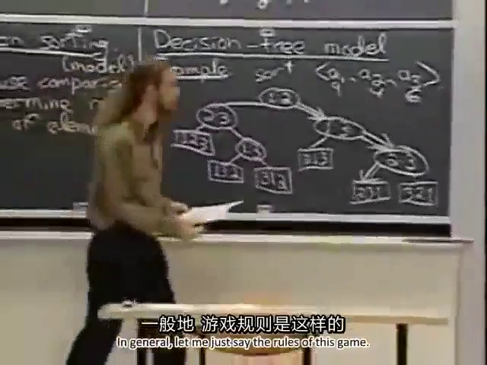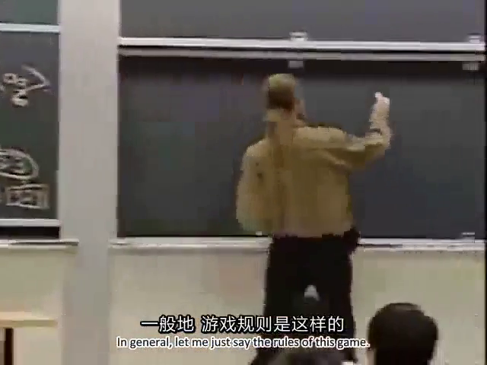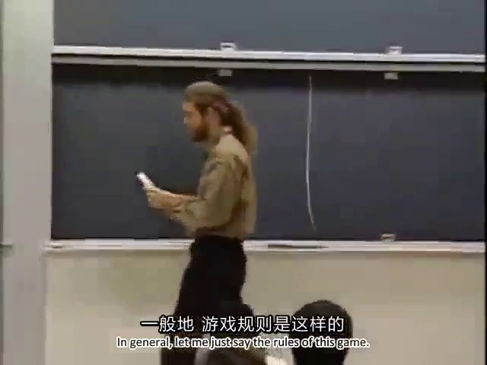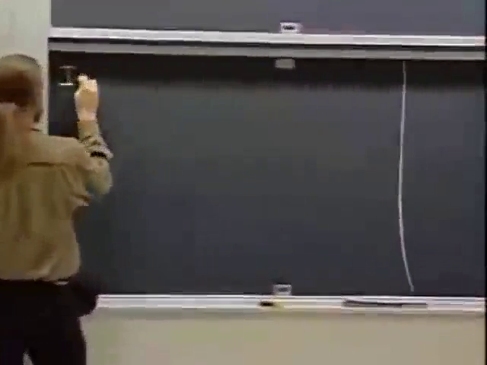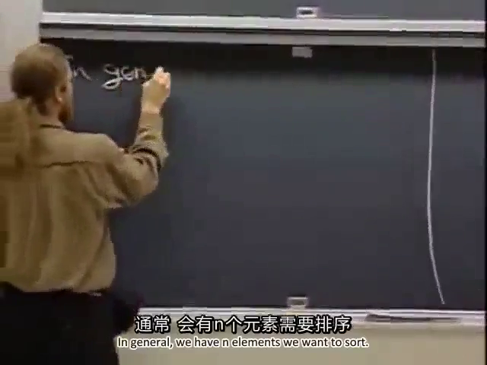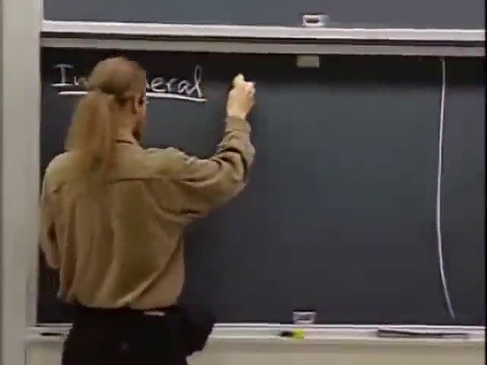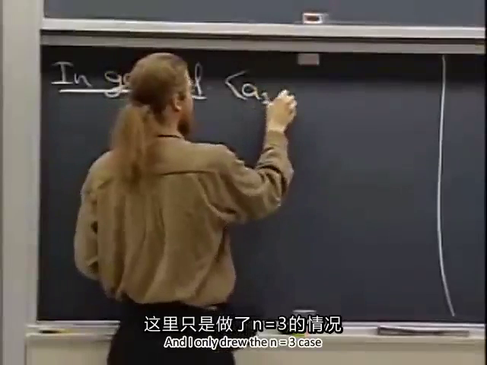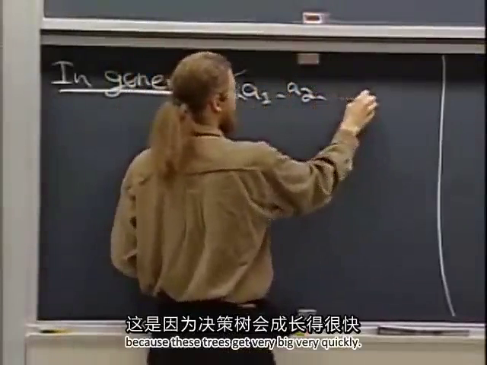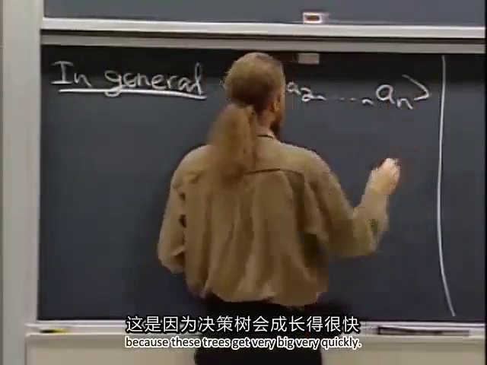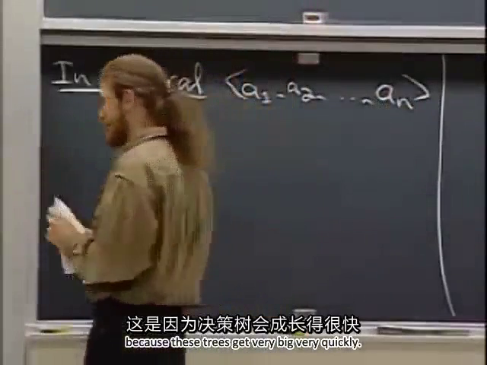So in general, let me just say the rules of this game. So in general, we have n elements we want to sort. I only drew the n equals 3 case because these trees get very big very quickly.